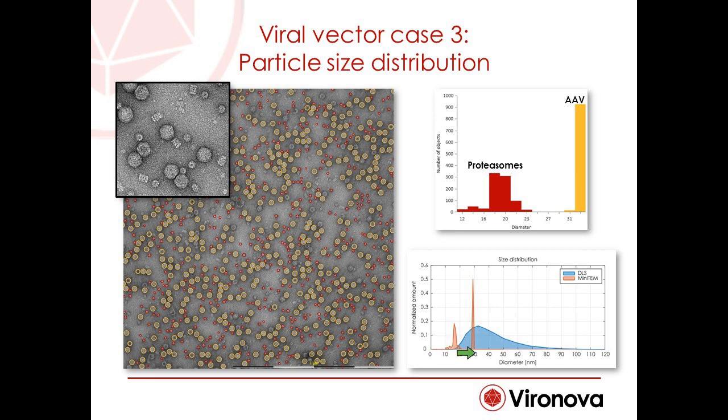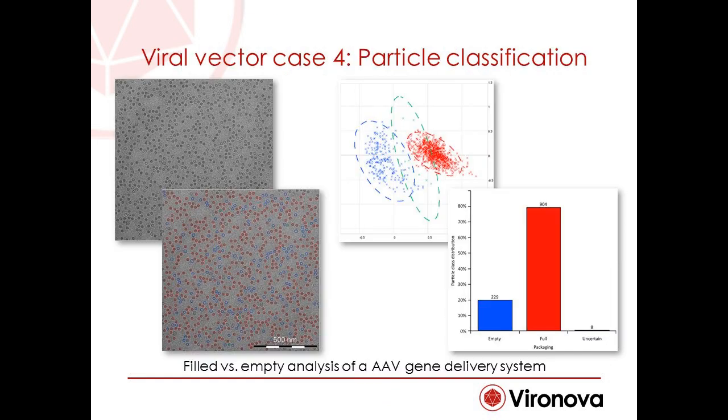Last but not least is a very important study when it comes to AAV and other viral vectors, and that is, of course, the filled versus empty analysis. Here again is a picture on the left-hand side of the AAV vector. We are using cryo-electron microscopy, so we are not depending on any stain penetrating the empty virus particles.